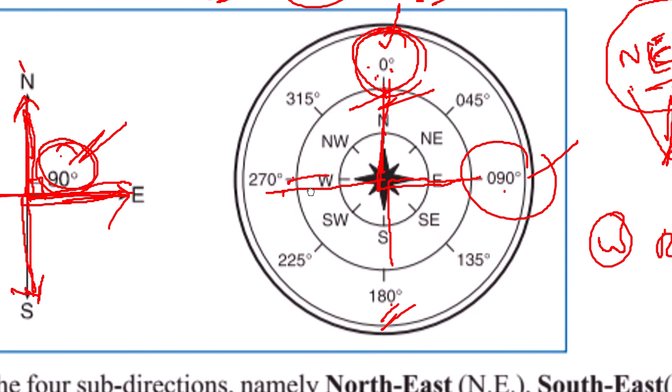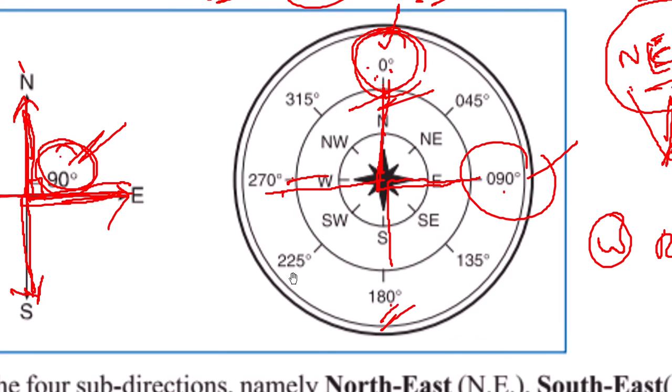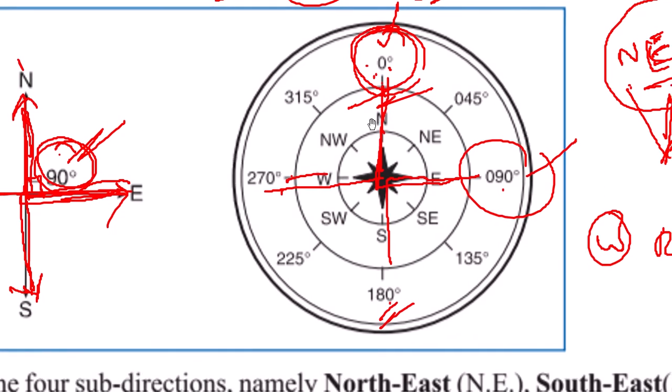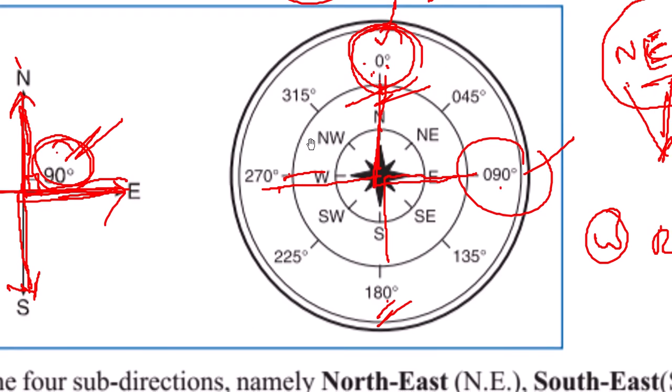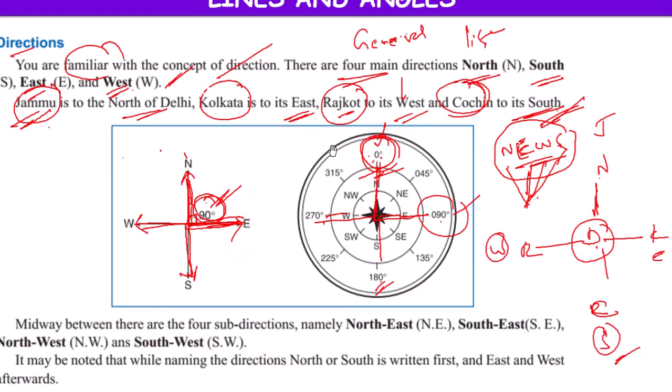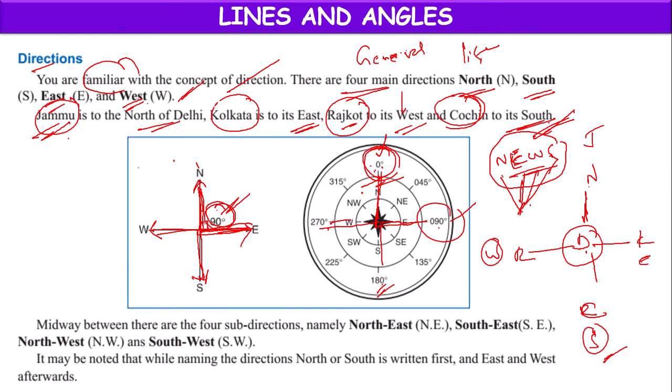Between south and west, we have southwest at 225 degrees. Between north and west, we have northwest, which is equal to 315 degrees. In this way, we can denote 4 more directions: northeast, southeast, southwest, northwest.